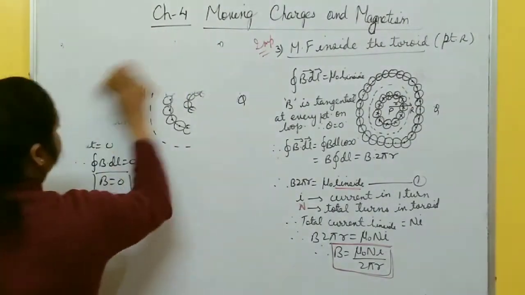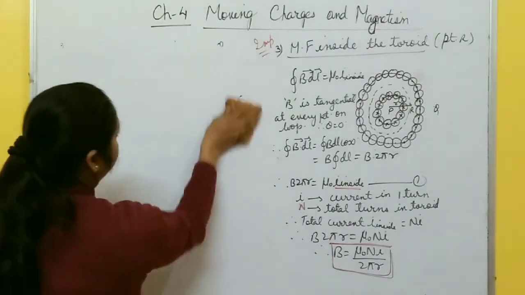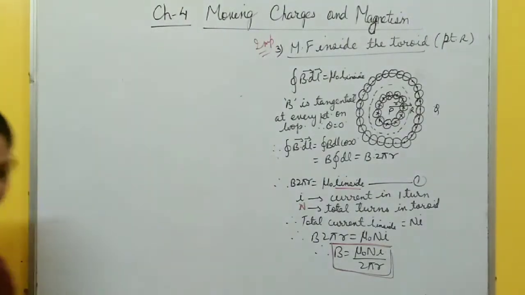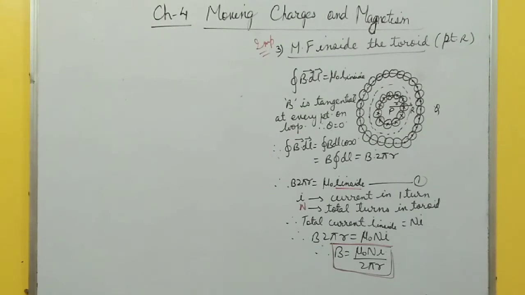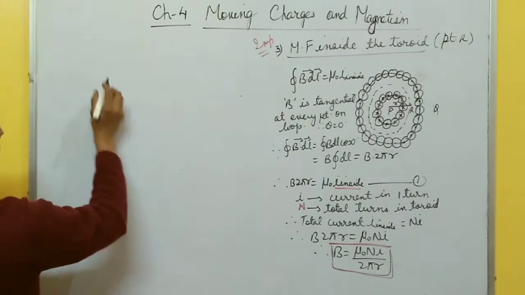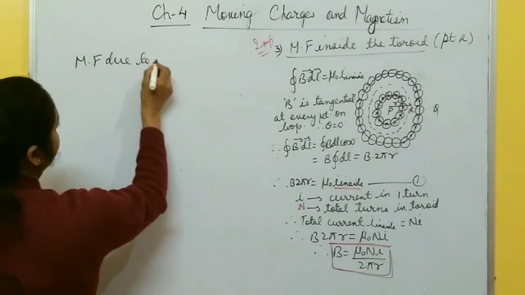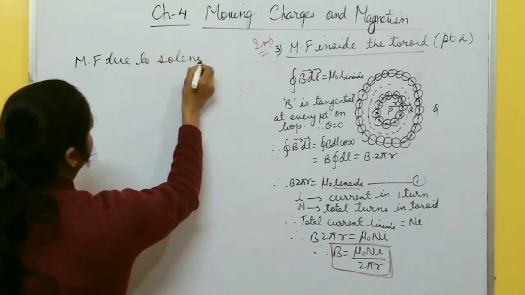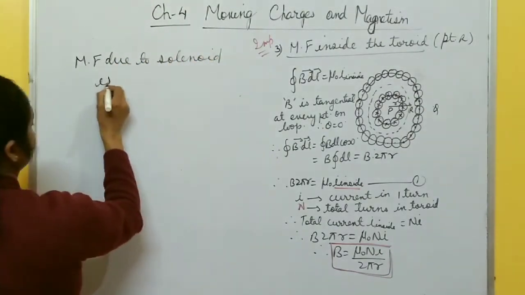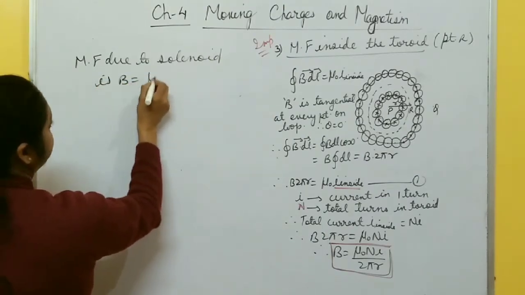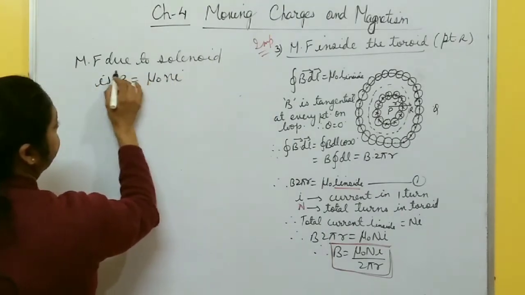Now you have to compare the magnetic field between solenoid and toroid, right? You know the magnetic field due to a solenoid is B equal to mu naught n i, right?